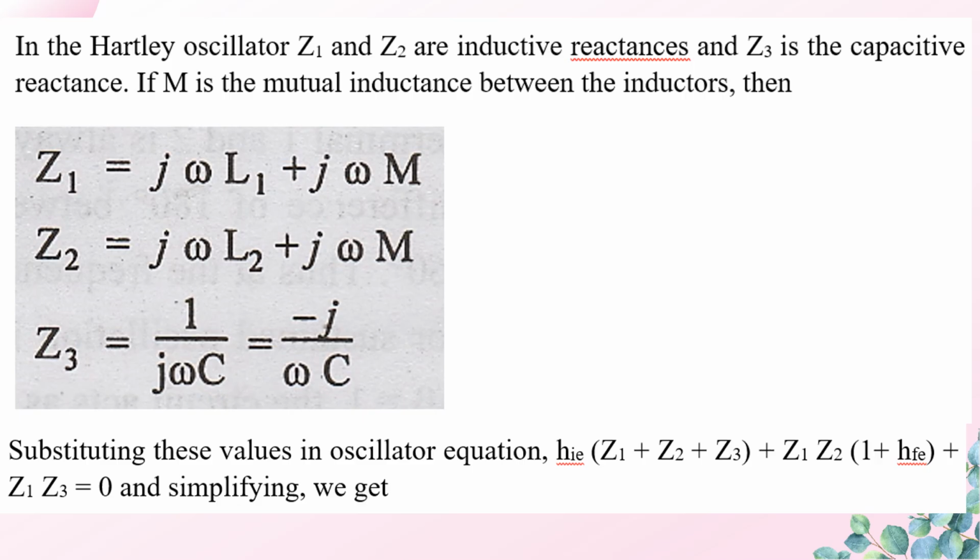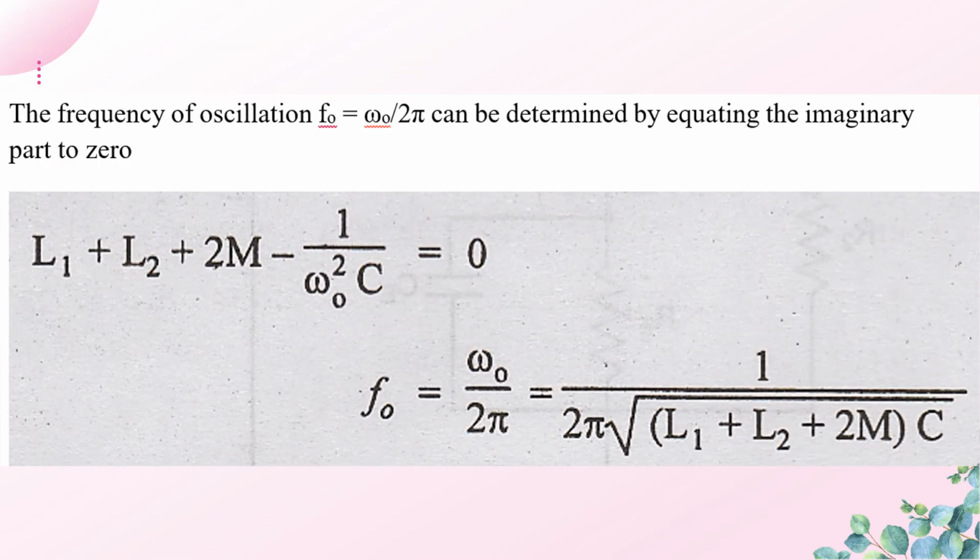When we substitute all these Z1, Z2, Z3 values in this equation, we will get L1 plus L2 plus 2M minus 1 by omega naught square C is equal to 0, where omega naught is equal to 2 pi f naught, or f naught is equal to omega naught by 2 pi. So when finding its value, we will get f naught is equal to 1 by 2 pi into root of L1 plus L2 plus 2M into C.